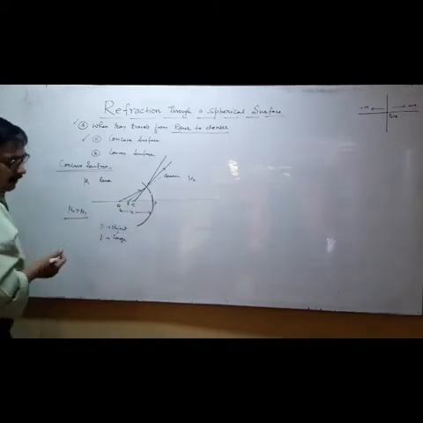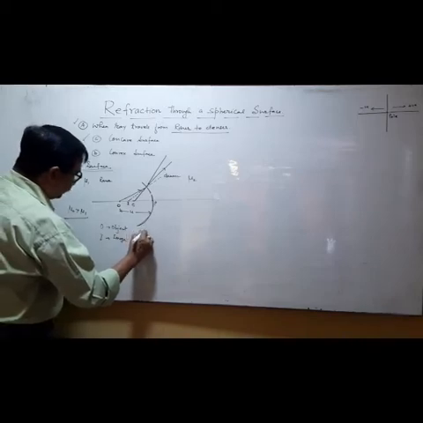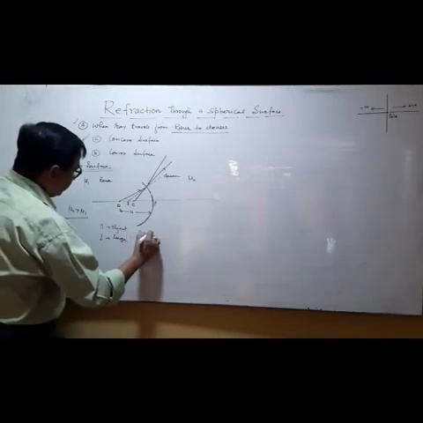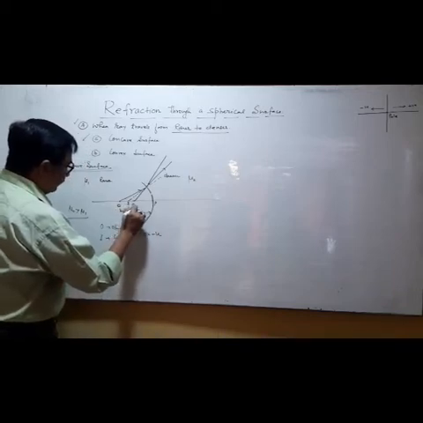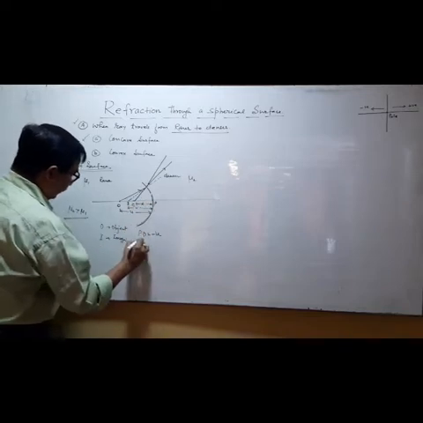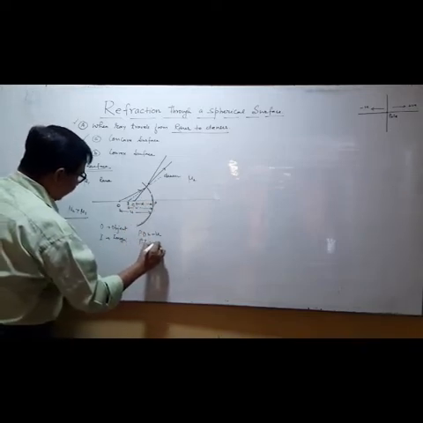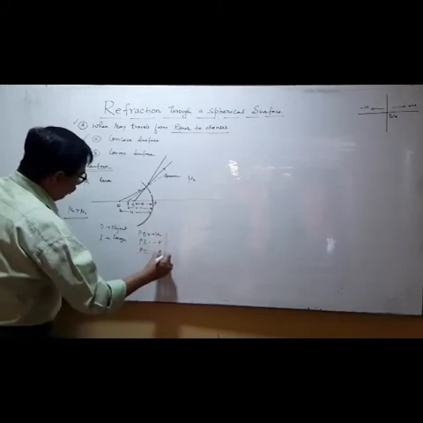Now we can simply name everything. So PO is minus U and PI is minus V, PC is minus R. Why all three are minus?